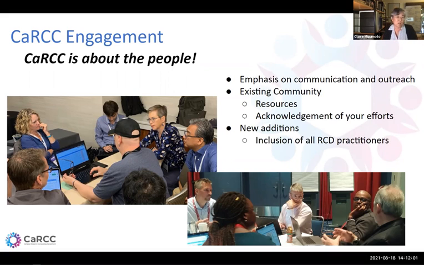In 2021, the People Network mailing list has grown to include over 1,000 email addresses, but we recognize that this still doesn't include many RCD professionals. So we also want to get the word out about CaRC to those who might not obviously look to CaRC, like, for example, data librarians, networking folks who handle the research network on campuses, research software engineers, or anyone else who supports research and researchers.